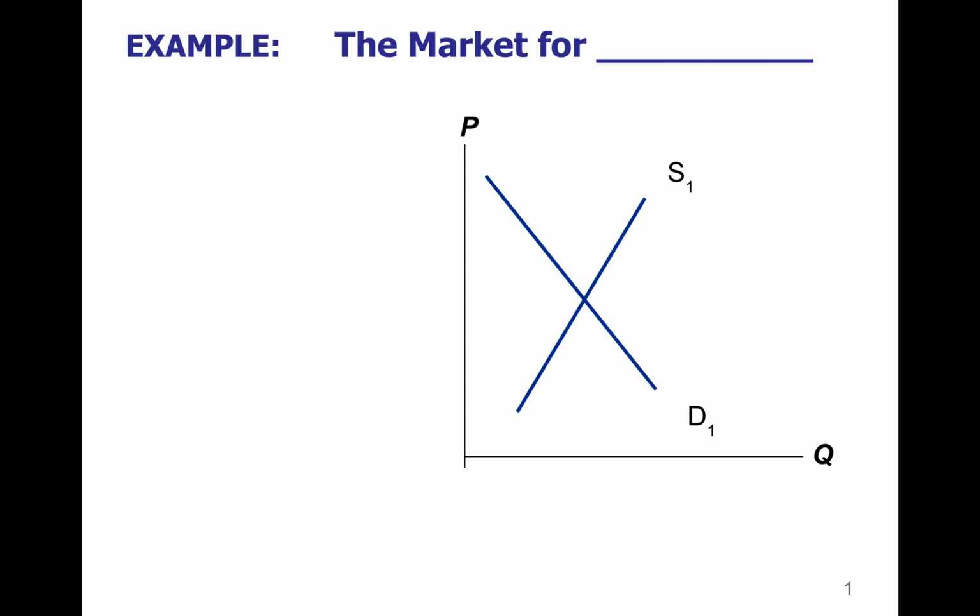The demand line represents all of the possible people who are buyers in this market. This line is made up of a whole bunch of points at which those buyers are willing and able to purchase this particular product for varying prices. And the supply line represents all of the sellers of this particular product and what they're willing to sell at.